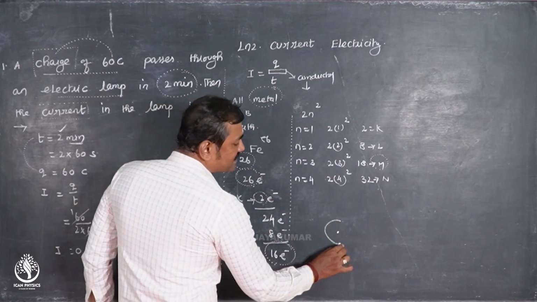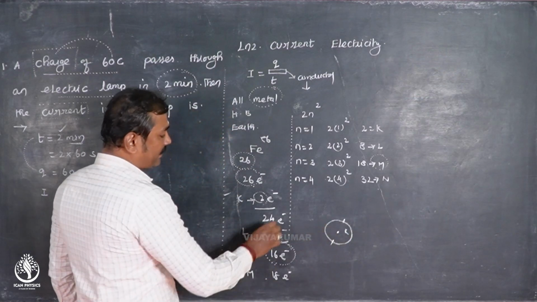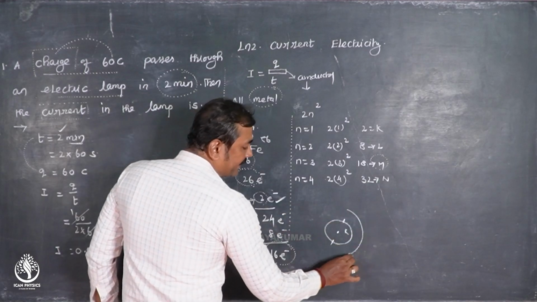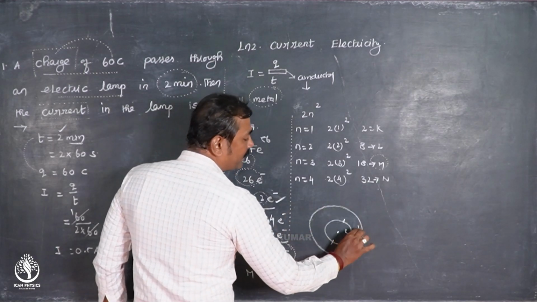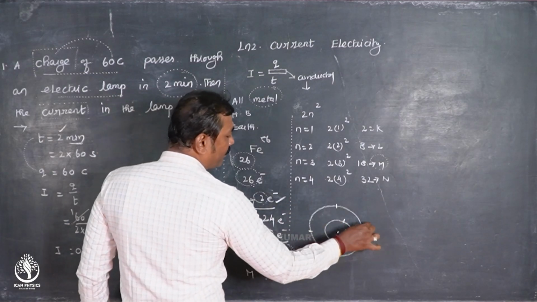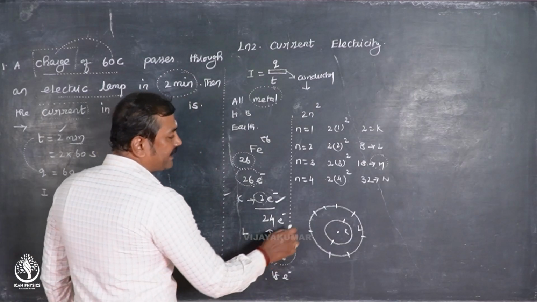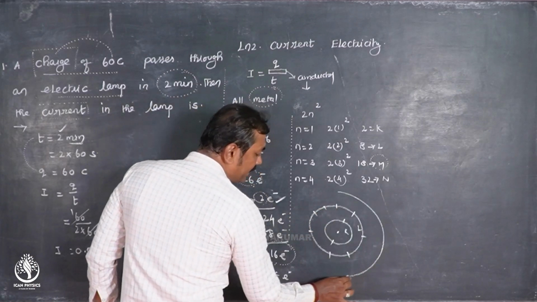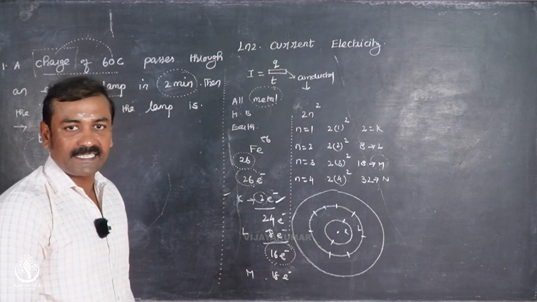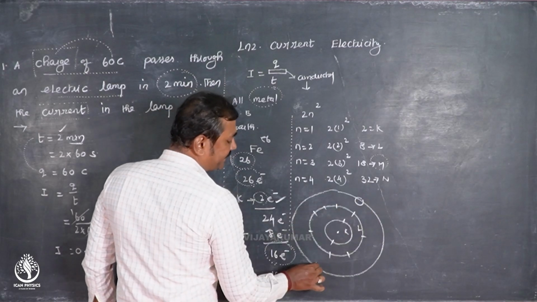The first orbit is K, in which 2 electrons can revolve. Next, the L shell can hold 8 electrons. In the M shell, it can hold 18 electrons, but we have only 16, so 2 of the spaces are empty.